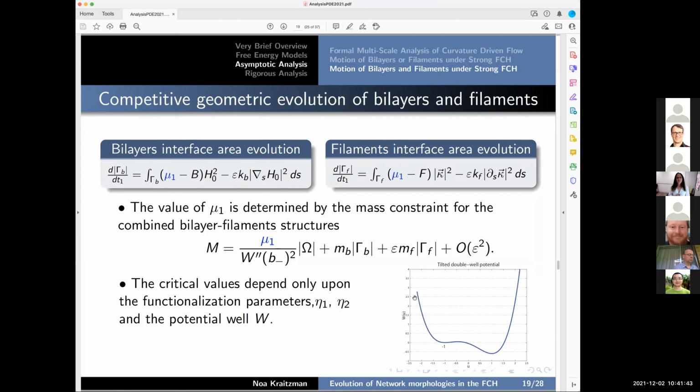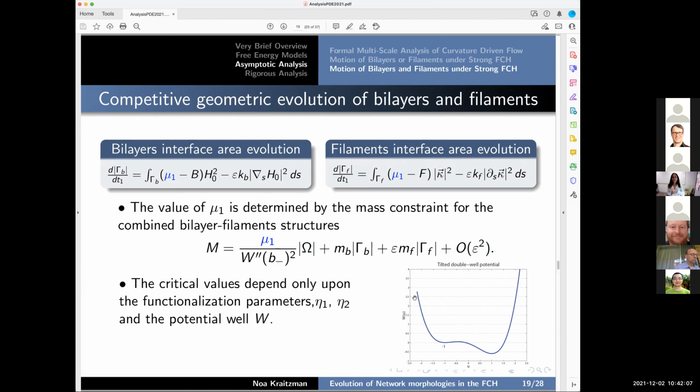The evolution of the interfacial surface area is coupled through the chemical potential, which is determined by the total mass of the system. In this mixed case, the total mass is composed of the mass in the background, the mass of the bilayer, and the mass of the filaments.